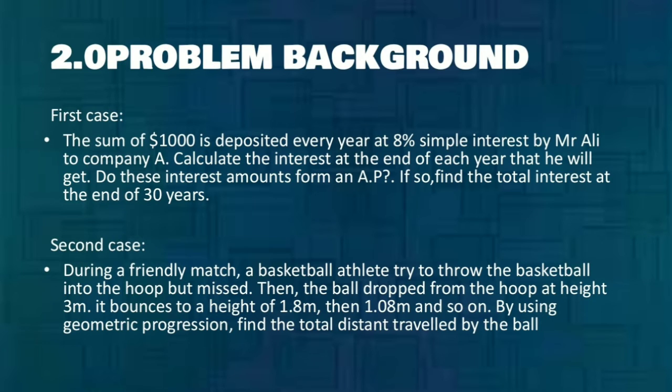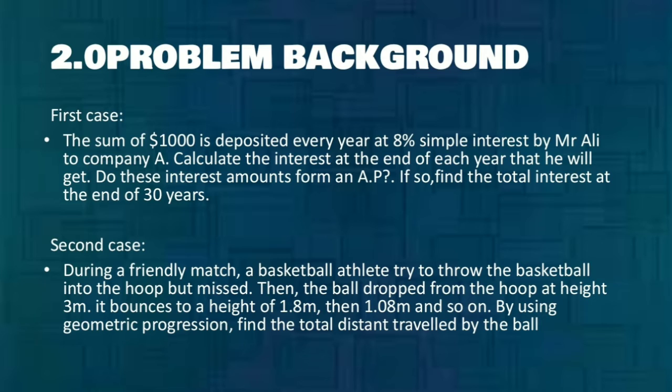So, this is the problem background of the first case. The sum of $1,000 is deposited every year at 8% simple interest by Mr. Ali to Company A. Calculate the interest at the end of each year that he will get.